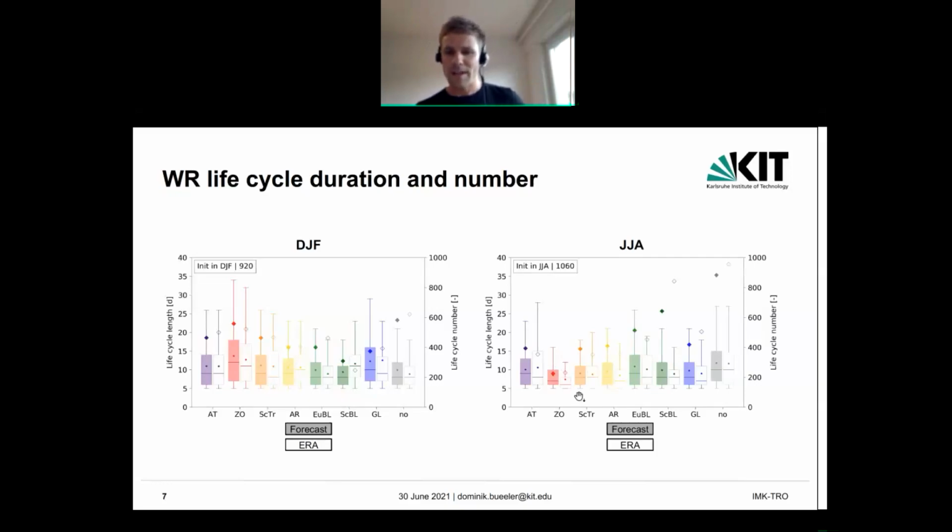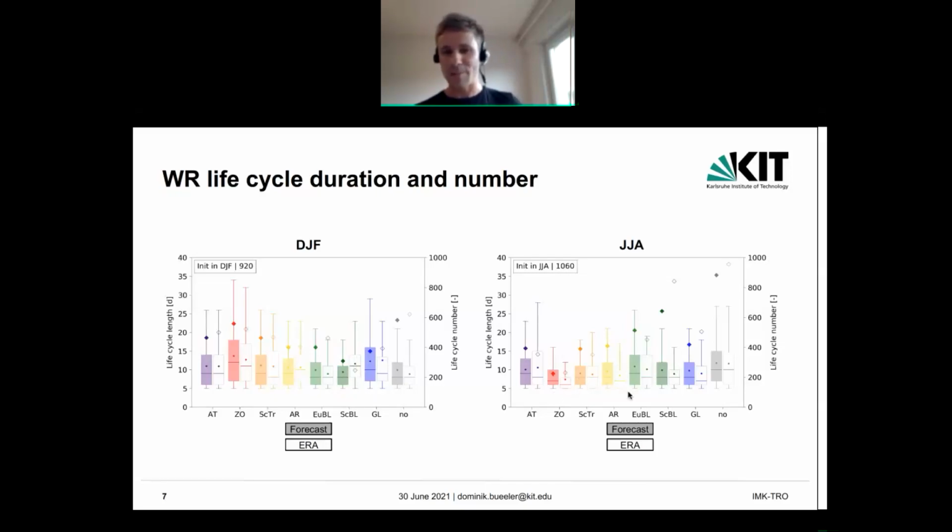When we go to summer now, we see that also on average life cycle length is relatively well predicted, except the overestimation here of the zonal regime duration. And I forgot to mention actually that there's an underestimation of the Scandinavian blocking regime here in winter, which is maybe the most striking mismatch, let's say.